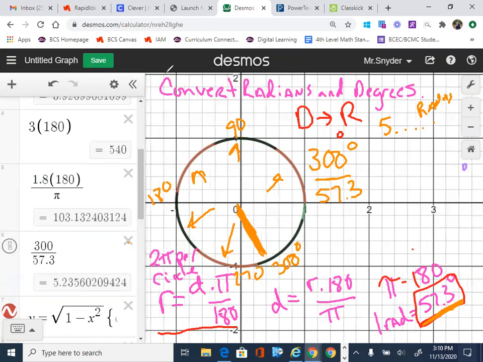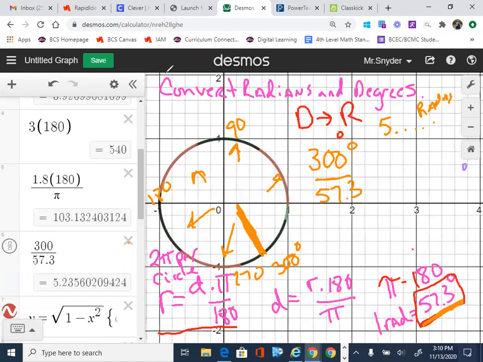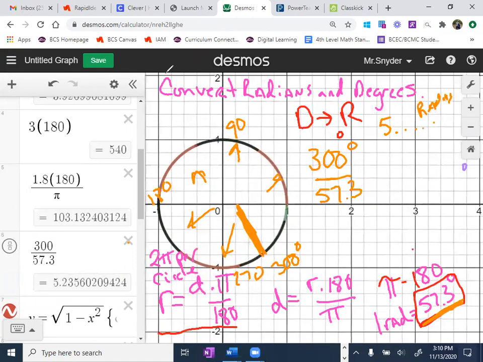So 300 degrees equals 5.24 radians. Now that I know it's 5.24 radians, we can use our radians formula and see if that works as well.